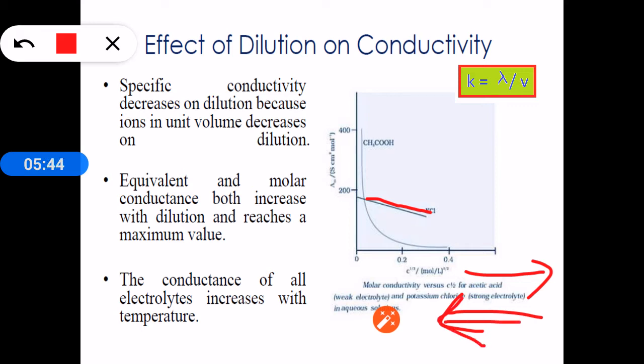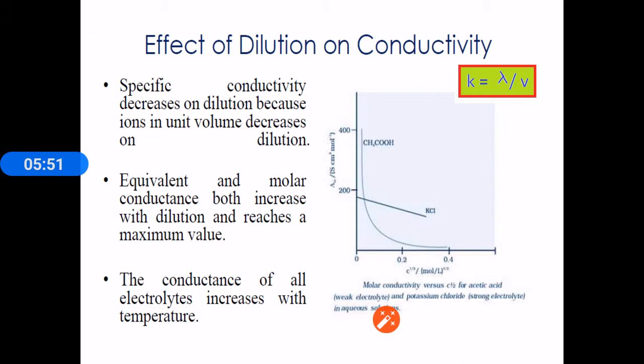On dilution, the equivalent conductance of KCl is increasing, as well as that of acetic acid. But the difference is, on dilution it increases gradually, and on extrapolation this line will reach the y-axis at one particular point, and at zero concentration, or infinite dilution, we can get the equivalent conductance of KCl solution.